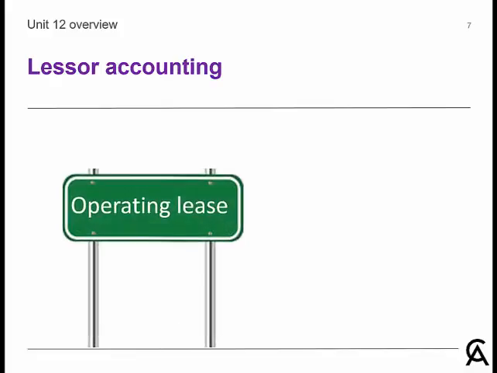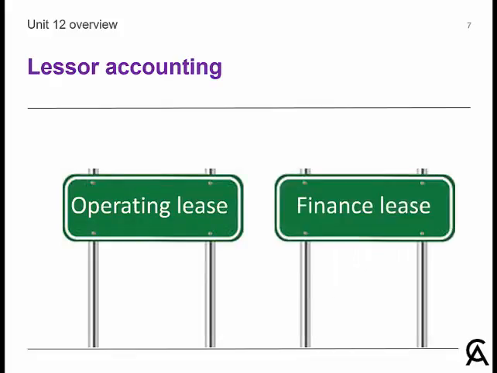A lessor classifies a lease at the beginning of the lease as either a finance lease or an operating lease. A finance lease transfers substantially all the risks and rewards incidental to ownership of an asset to the lessee. The legal title of the asset may or may not be transferred to the lessee by the end of the lease term.